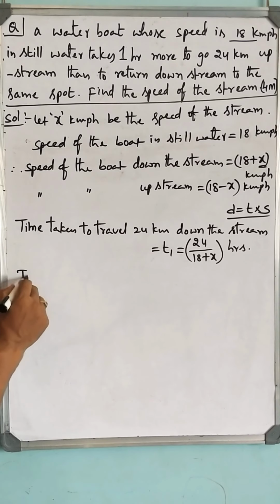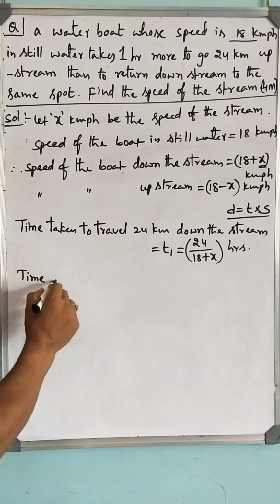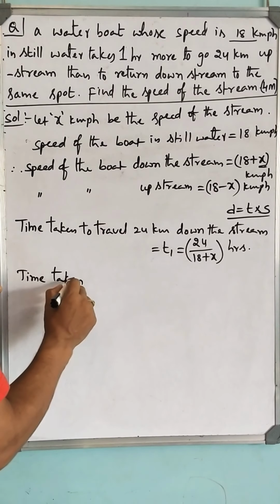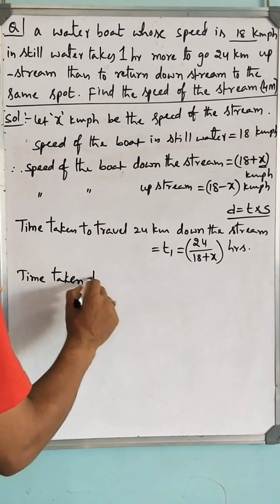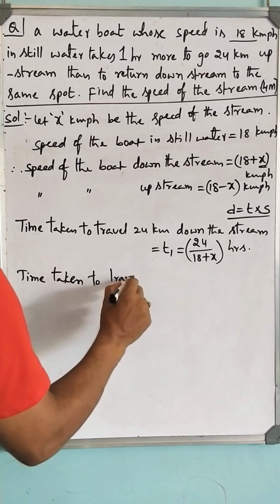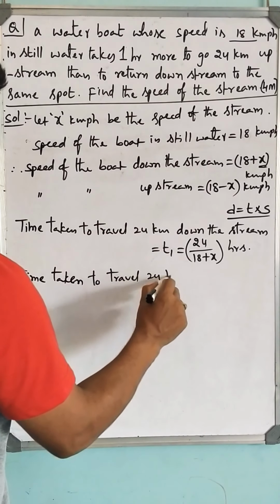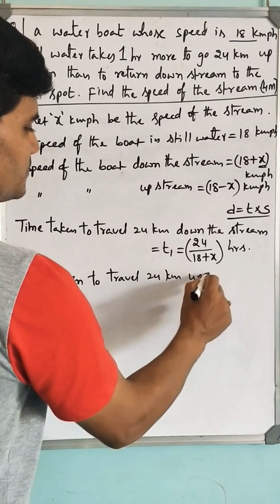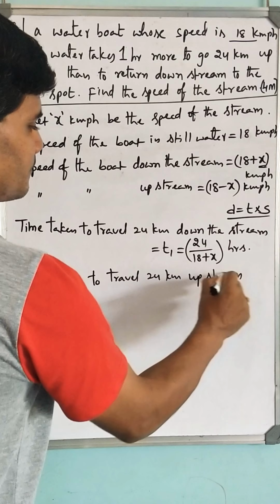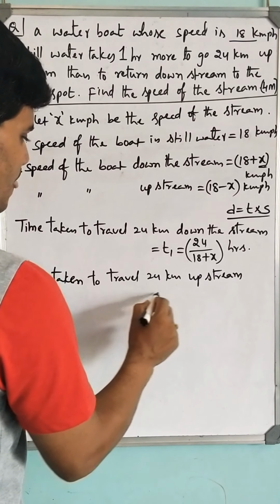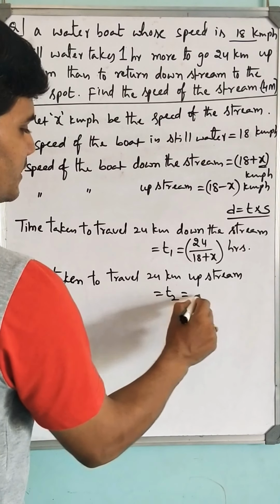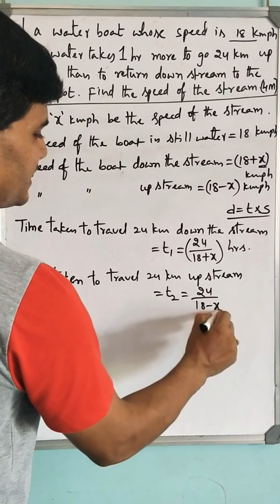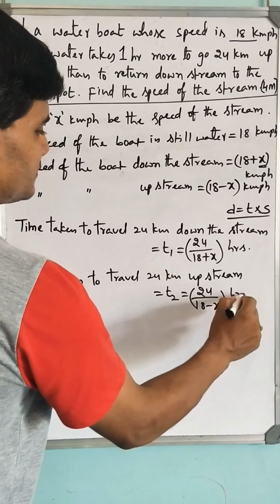Second one, time taken to travel 24 kilometers, that is in return journey upstream. Let it be some t2, same distance, but the speed becomes 18 minus x hours.